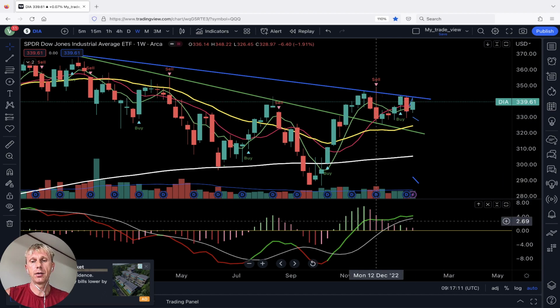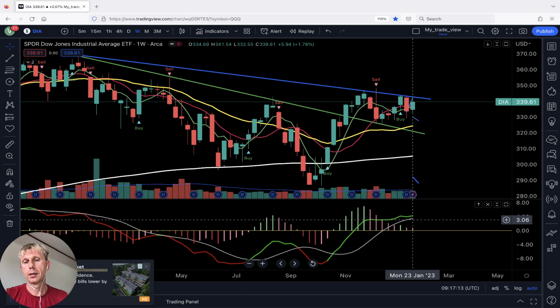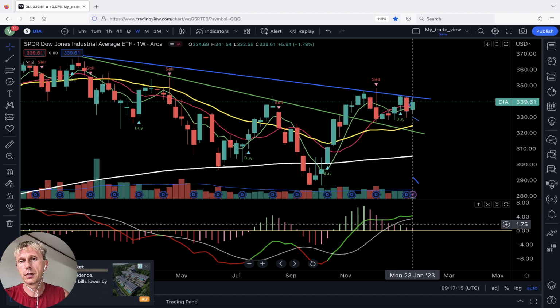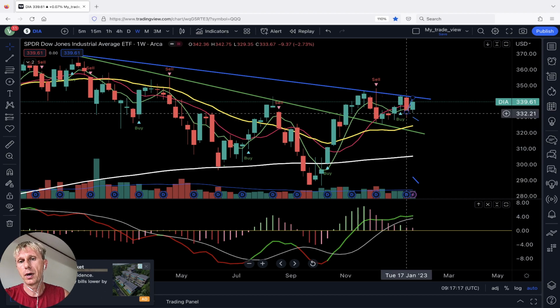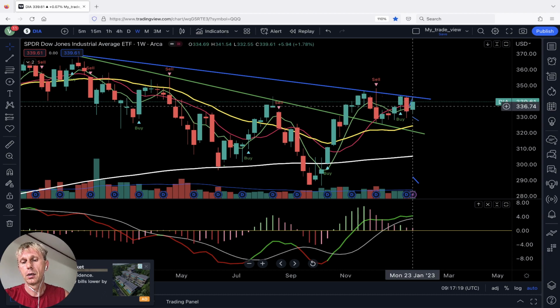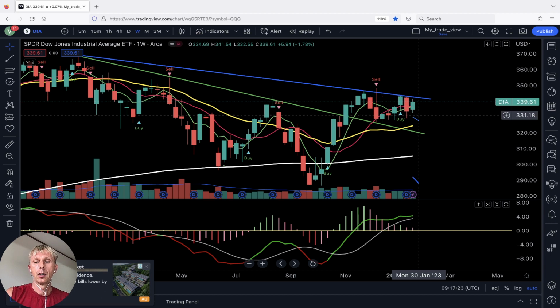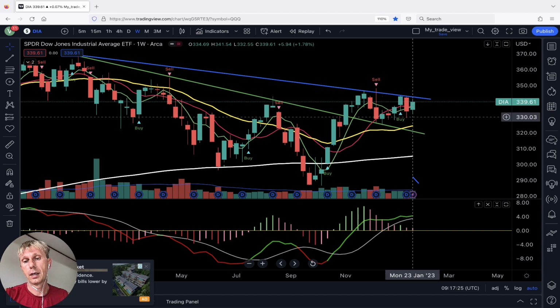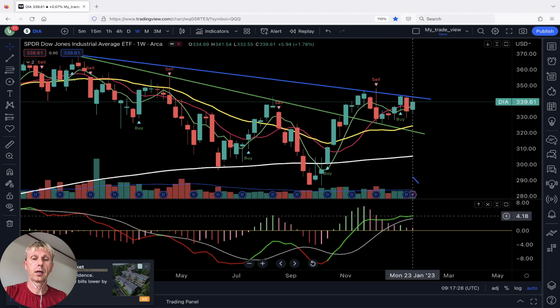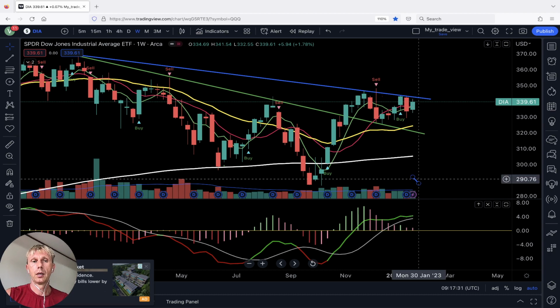MACD is ready for bearish crossover, but still buy signal. MA5 did bullish crossover. It's still bullish on weekly time frame also. Weekly time frame bullish and monthly time frame bullish. That's what we have for Dow Jones.